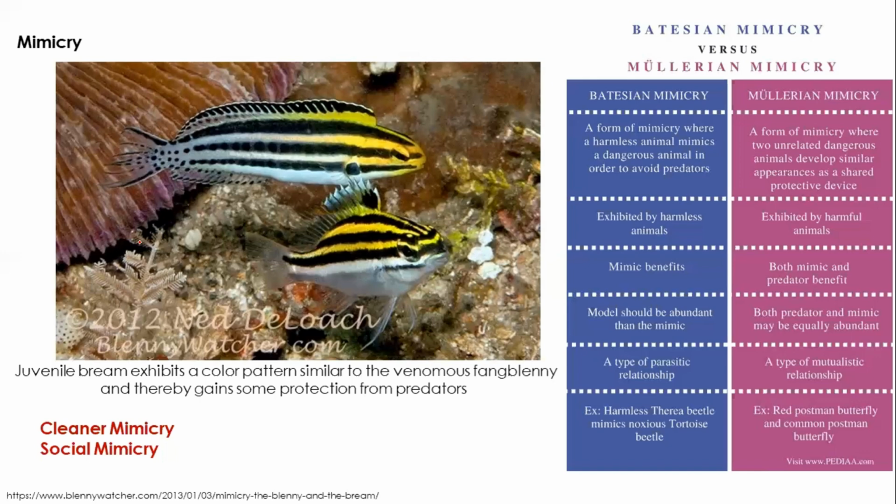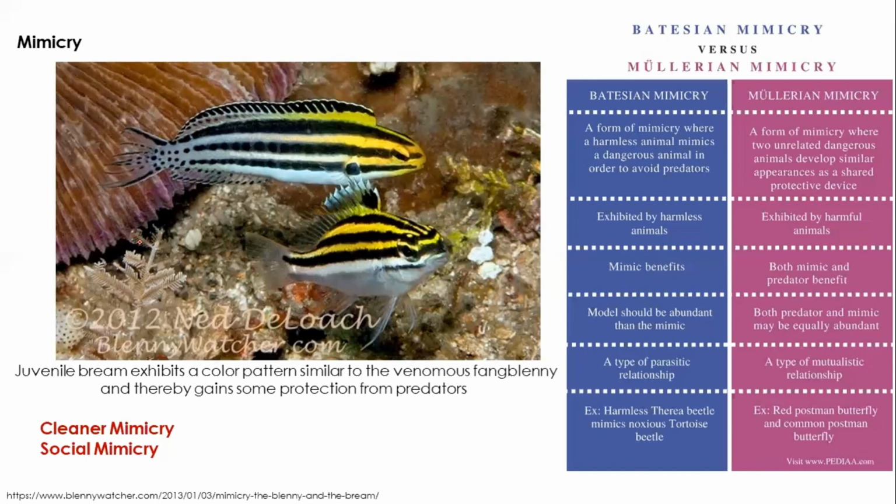Batesian mimicry was given by Bates. It's a form of mimicry where a harmless animal mimics a dangerous animal in order to avoid predators, right? You can understand this in a way that there is a dog, and then there are two lions.